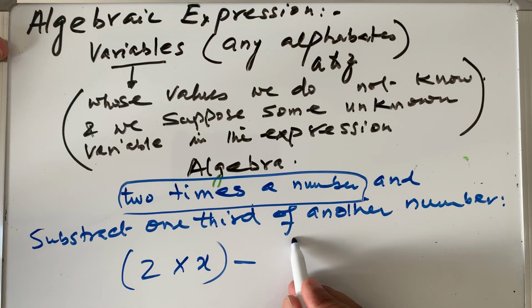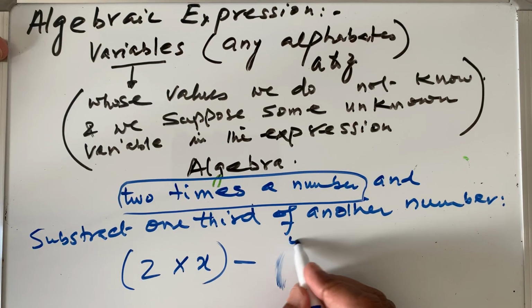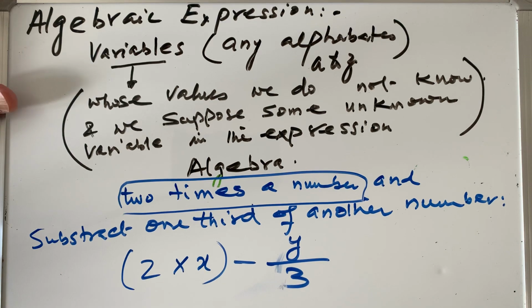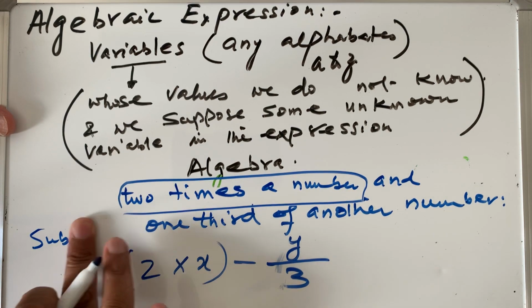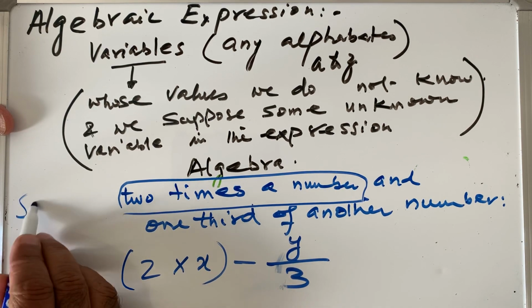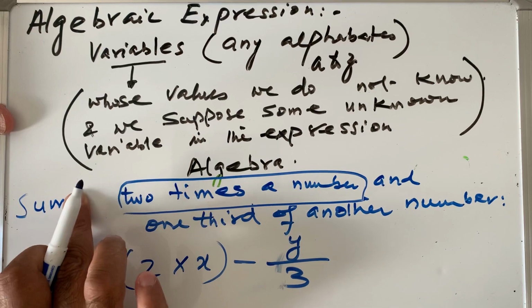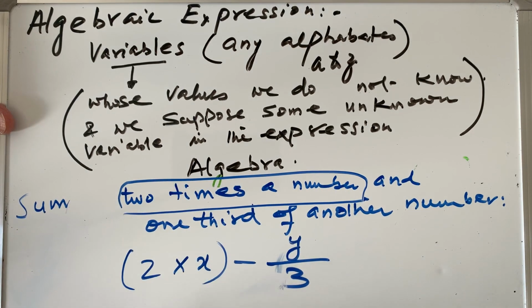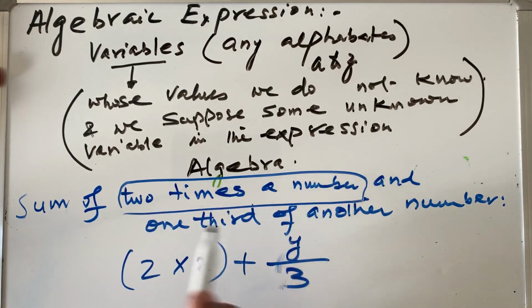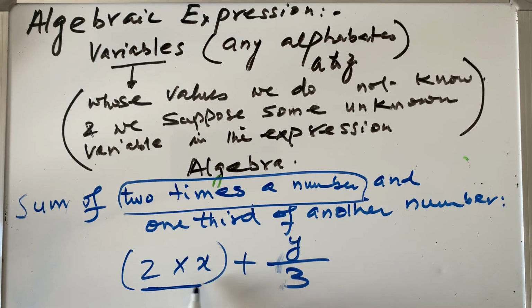So another number is y, and 1/3 of it is y over 3. So another expression can be written as the sum of 2 times a number and 1/3 of another number.